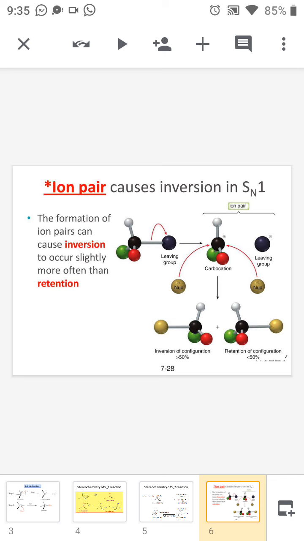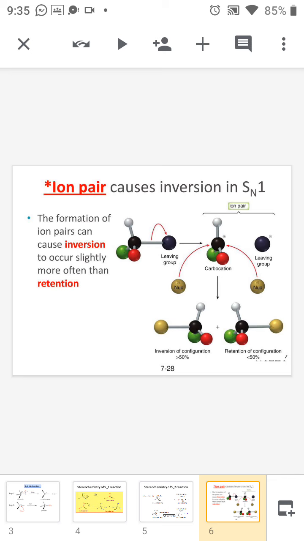So first of all, in our starting material the carbon atom acquires a partial positive charge and the leaving group acquires a partial negative charge. After that, it will break down. See here in the first example, I have shown the electron pair between the carbon and the leaving group partially transferred to the leaving group. So the carbon atom acquires a partial positive charge and the leaving group acquires a partial negative charge.